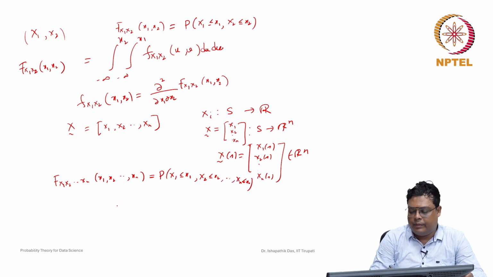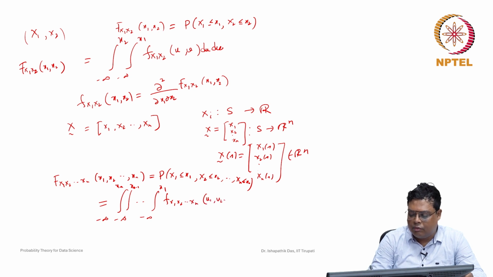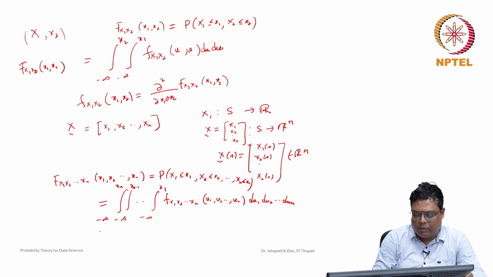Whenever it is a continuous random variable, there exists a function, small f of x1, x2, up to xn, such that this can be represented as the integral from minus infinity to x1, up to minus infinity to xn, of f of u1, u2, up to un, du1 du2 up to dun. This function is known as the joint probability density function.